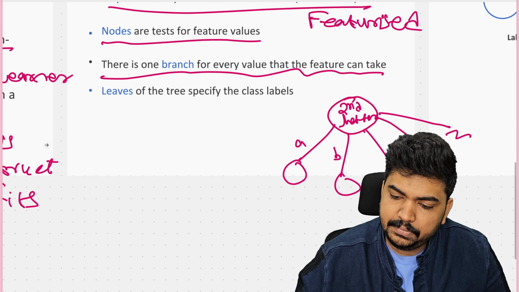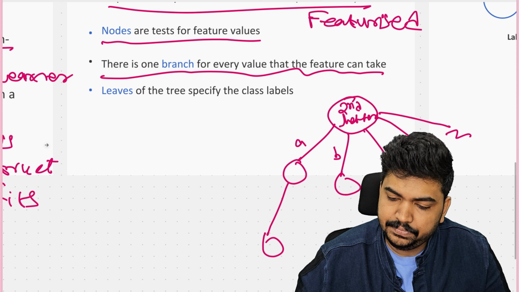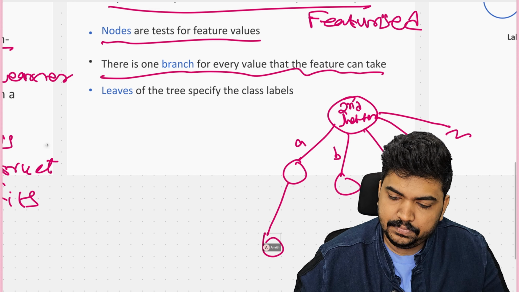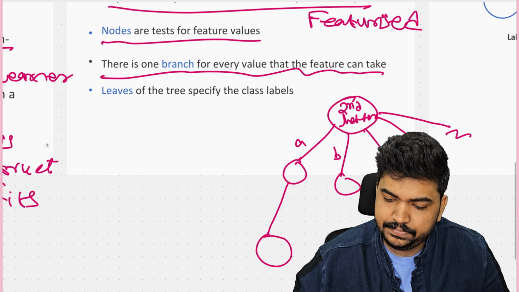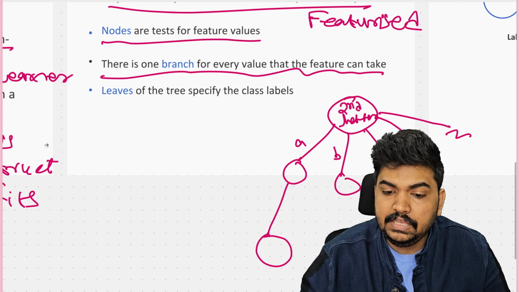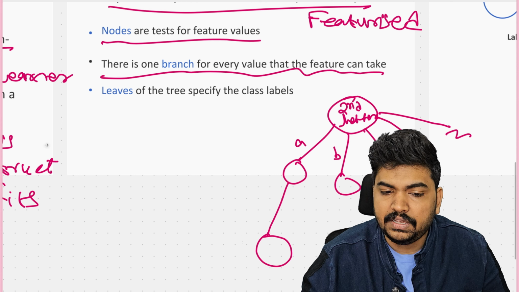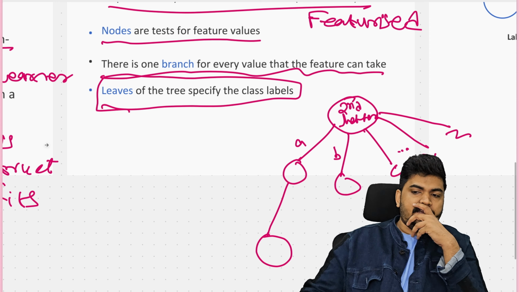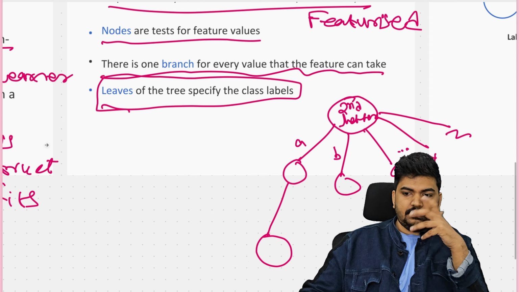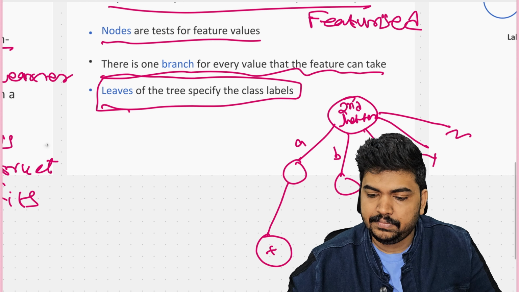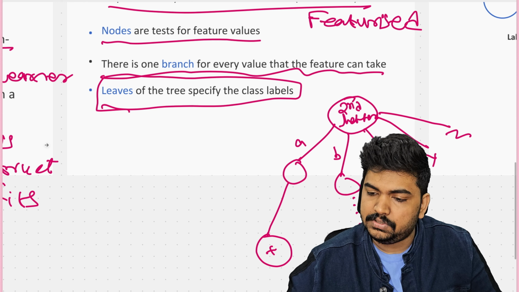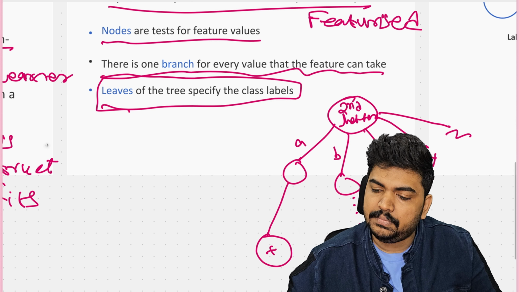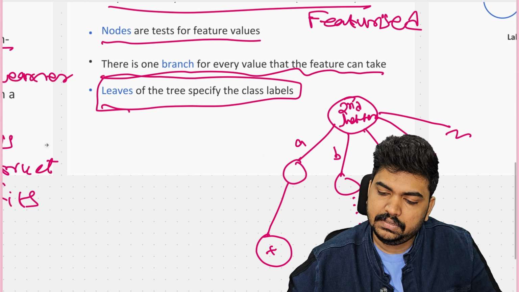Nevertheless, once I have terminating nodes, these are like the leaf nodes, right? So the leaves of the tree specify the class label. They finally tell you the class label. Say it is positive. Maybe this one will tell you that yes, it's positive. Maybe there is something else somewhere here that tells you negative.